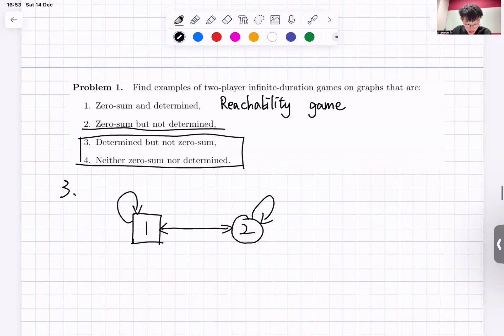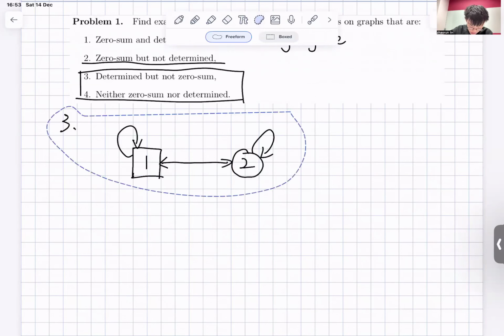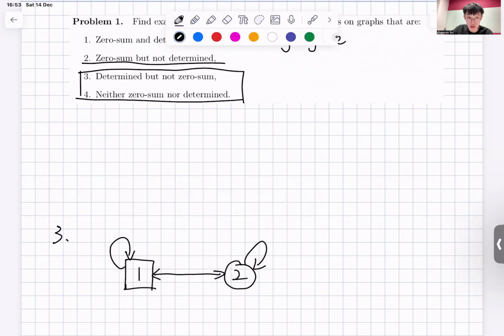First, I want to talk about the definition of zero sum and determined. Zero sum means the objective of player 1 equals the complement of the other player's objective.